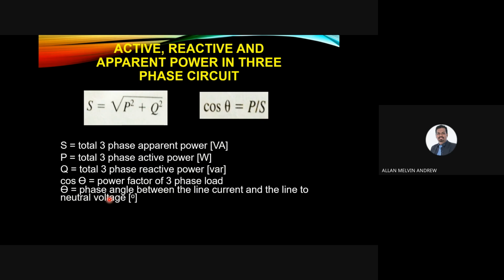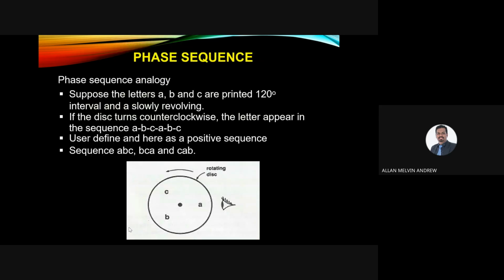Okay, so usually there is a term called phase sequence. With the phase sequence analogy, we can see whether it is counterclockwise or clockwise, because when the turbine is rotating the magnet in between, let's say A, B, C are divided into 120 degrees.